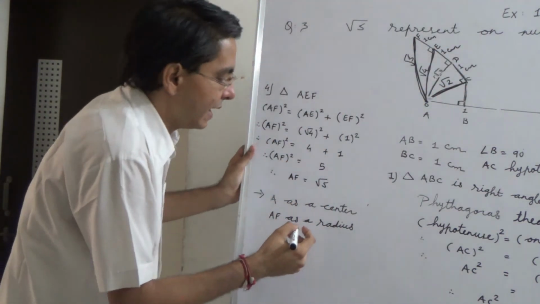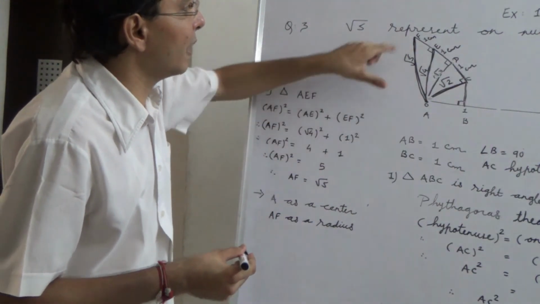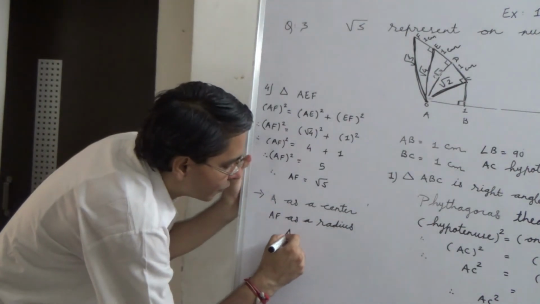AF as the radius means the measurement of AF, which is square root 5.